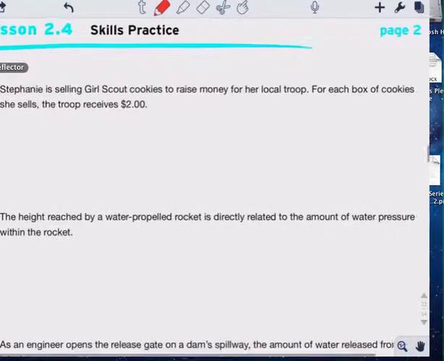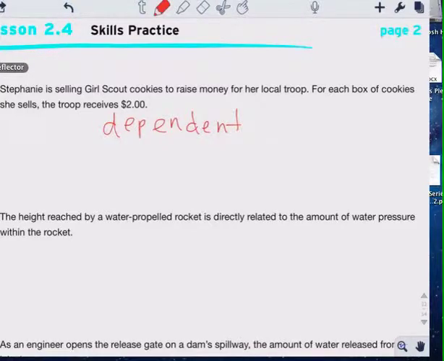Okay, look at the back, the manual. If you did not answer it, what was the dependent? What did you put? Number 4, what was the answer? Remember, the dependent is the answer.